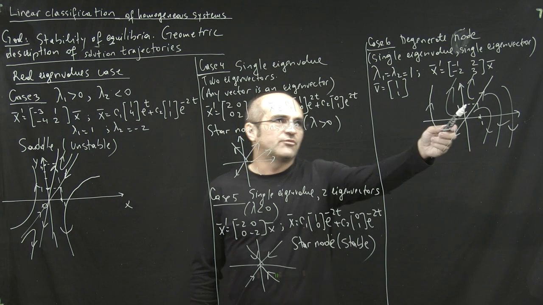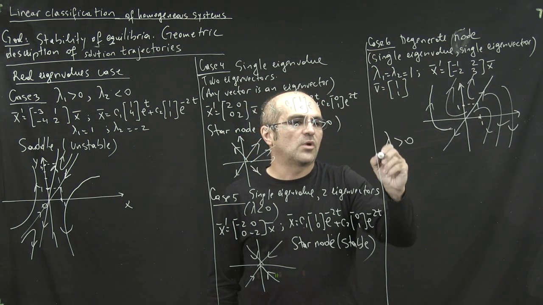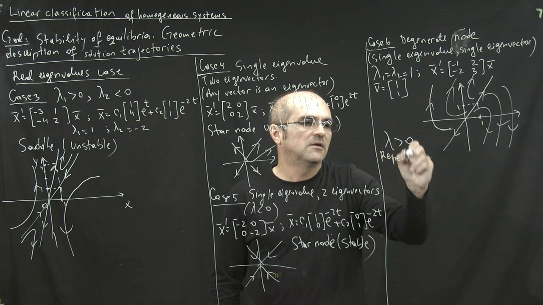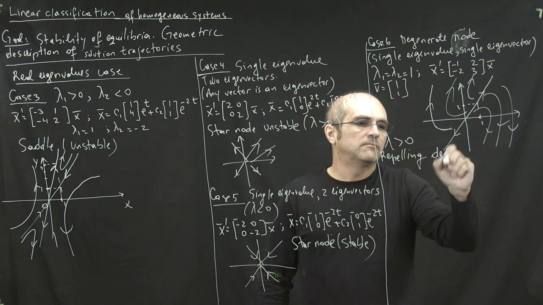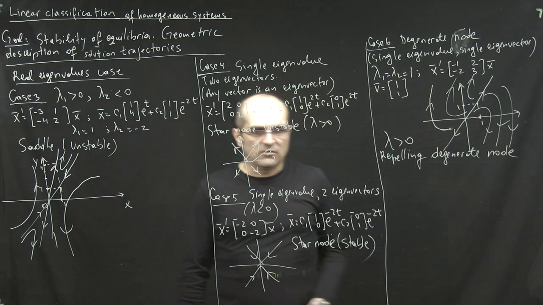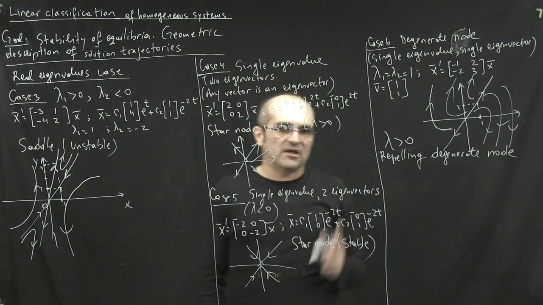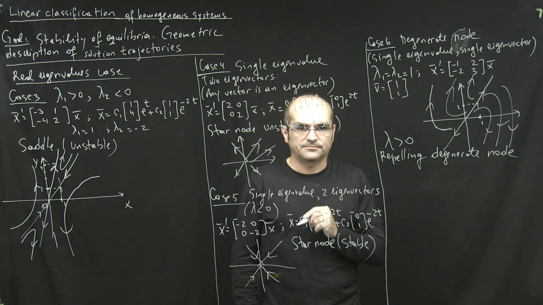Because it moves away from 0, this is the case when lambda is positive. So this will be, of course, a repelling degenerate node. It's the analogue of a repelling node when you have two different positive eigenvalues. This is the same case, but with a single eigenvalue, single eigenvector.